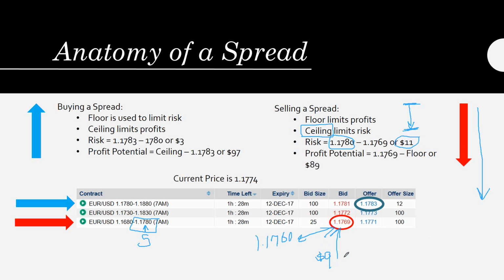Now this, I believe, is a 2-hour binary option, so you can see they're about 100 pips there, okay? Each spread, whether it's a 2-hour spread or a daily spread, then they're going to have different amounts, okay?